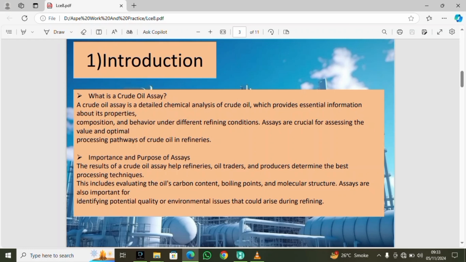Importance and purpose of assays: the results of a crude oil assay help refineries, oil traders, and producers determine the best processing techniques. This includes evaluating the oil's carbon content, boiling points, and molecular structure. Assays are also important for identifying potential quality or environmental issues that could arise during refining of the crude oil.